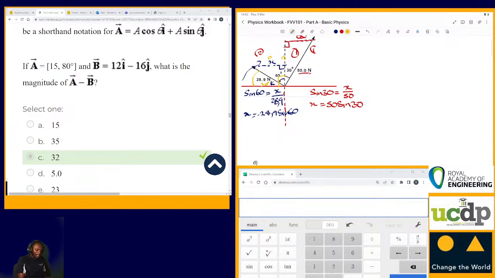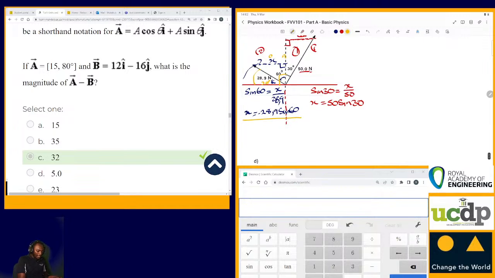Here we got our x as 28.9 sine 60. Let's use this right angle triangle that Lindokuhle is highlighting. So this will be like this, like that, and like that.